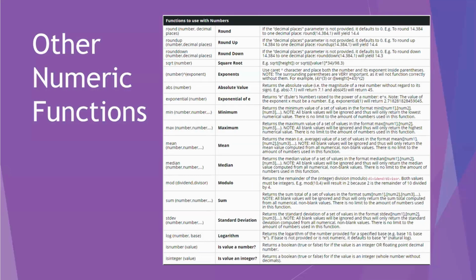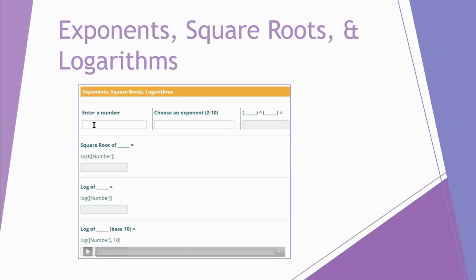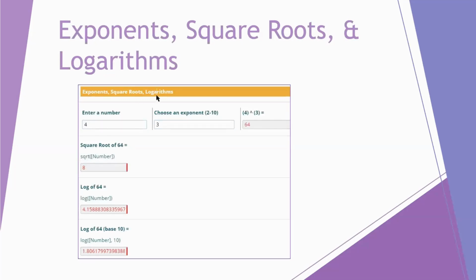Here's a list of some other numeric functions in REDCap. We've already seen the sum and mean functions, and next we'll look at a few examples of some of these others. Here's an example demonstrating the use of functions for exponents, square roots, and logarithms.